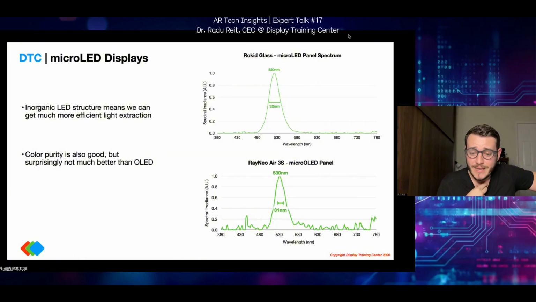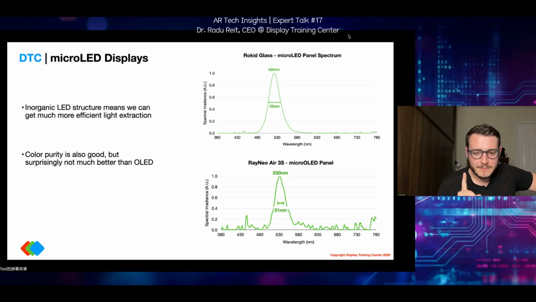In both cases, we have around 30 nanometers full width half max for the emission. The peaks may be centered slightly differently based on the specific device, but at the end of the day, we are seeing a roughly similarly pure emission from both micro LED and micro OLED. So don't take it for granted that micro LED necessarily means a pure color.